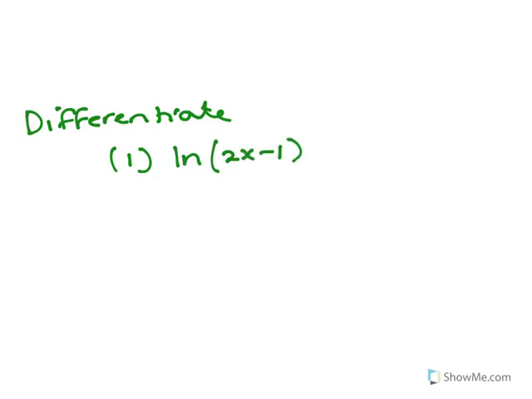So if you differentiate ln of 2x minus 1, then the derivative of 2x minus 1 is 2 over 2x minus 1, so over the function.